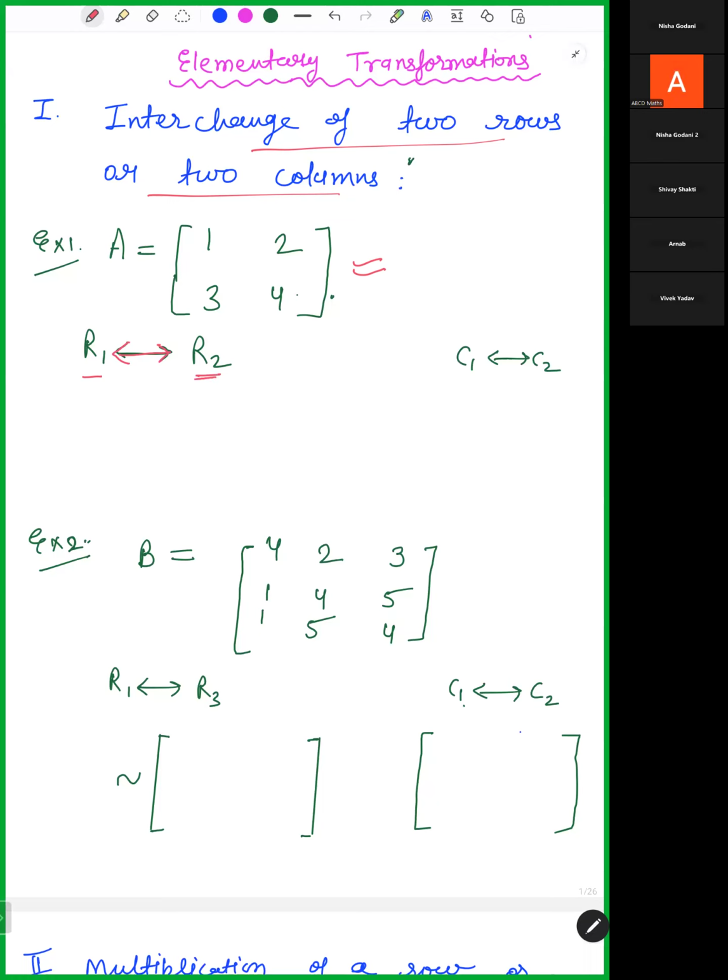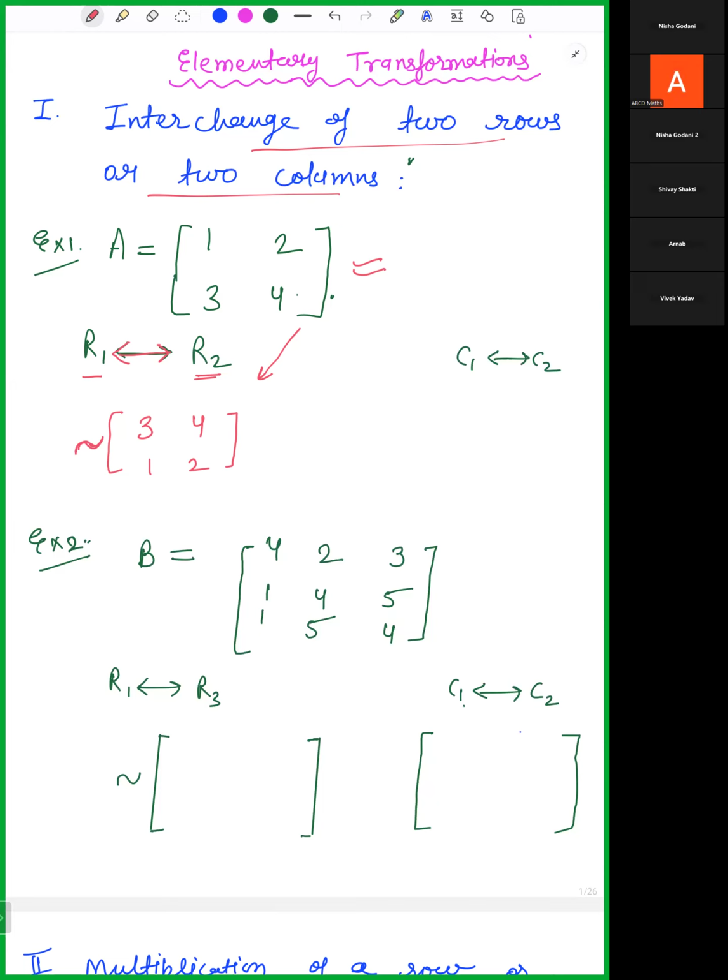Now, if you apply this operation, what will you have? You have 3, 4, and 1. So after interchange, you have this. If you apply elementary transformations, you can see that these two matrices are not equal because you have interchanged the rows. These are not equal, but these are equivalent. So you can use the sign of equivalence.